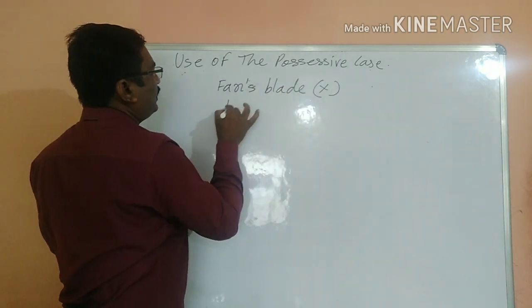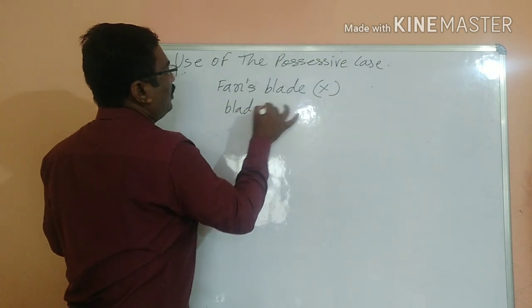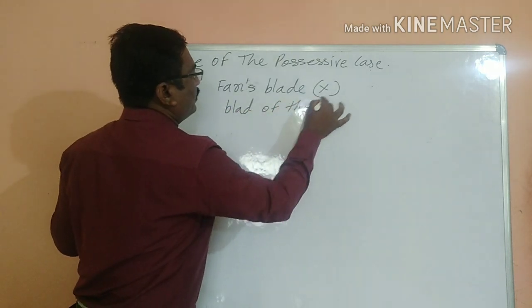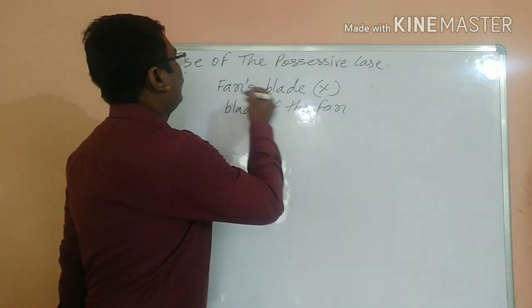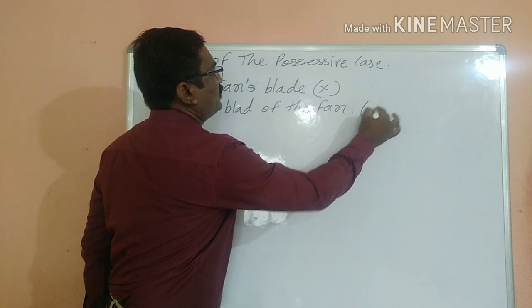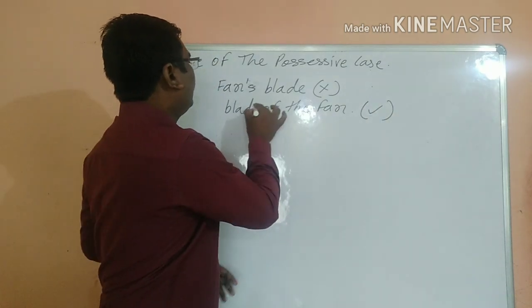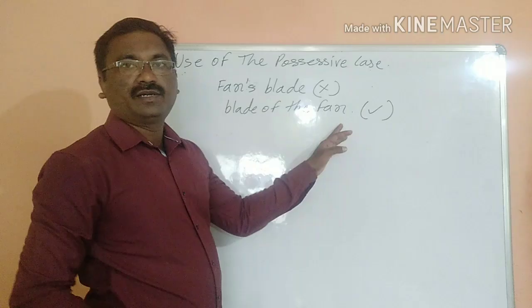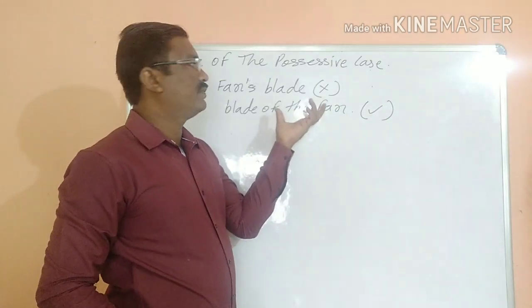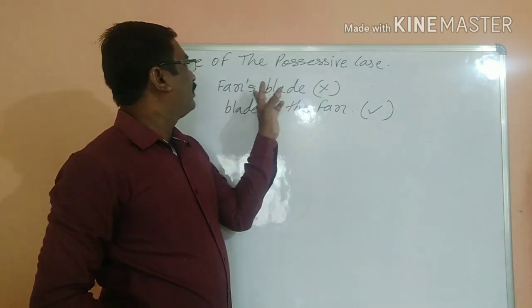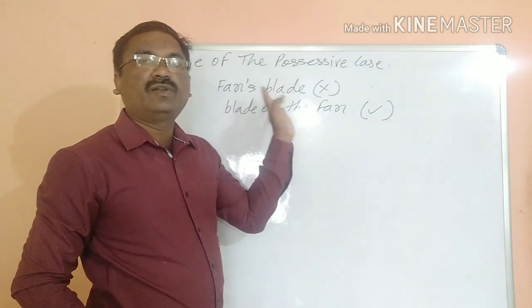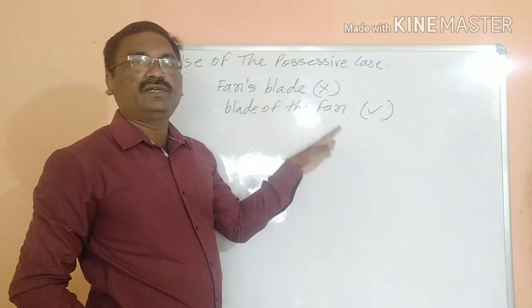You should say blade of the fan. Understood? So living things will take the possessive case, while non-living things will not take the possessive case of the noun.